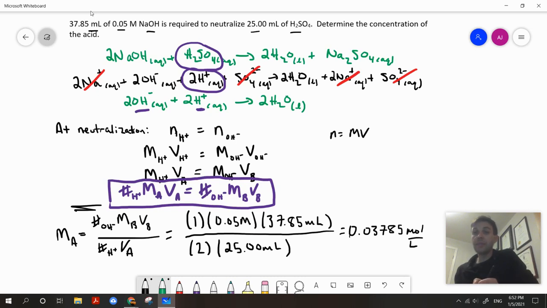And what you're going to see is that all of the steps in the stoichiometry problem are just embedded here in this one equation. We did molarity times volume, then we divided by 2, and then we divided by the volume to get a concentration.